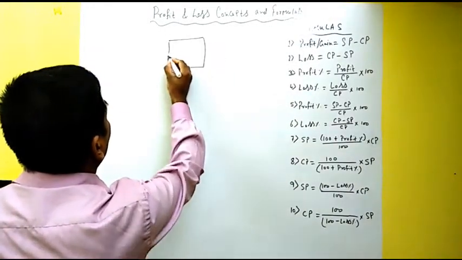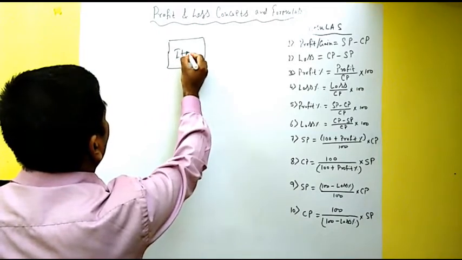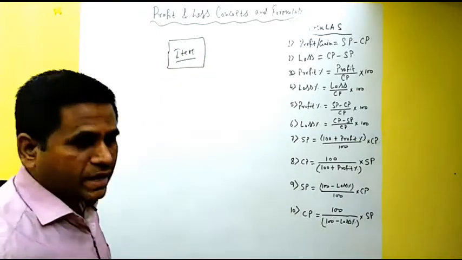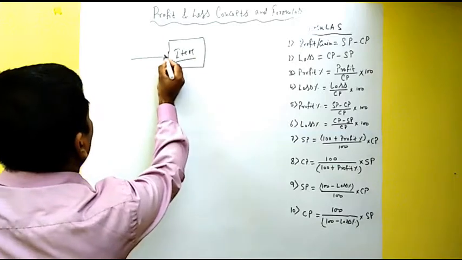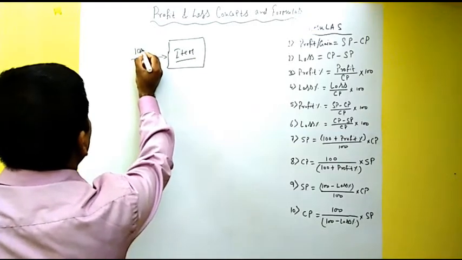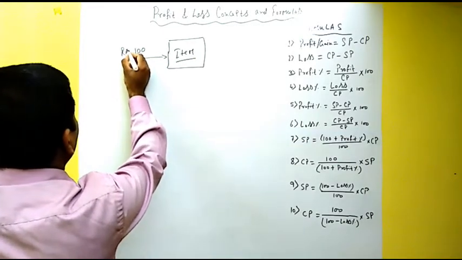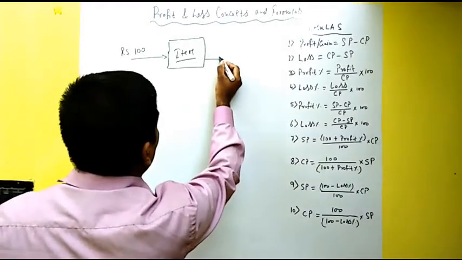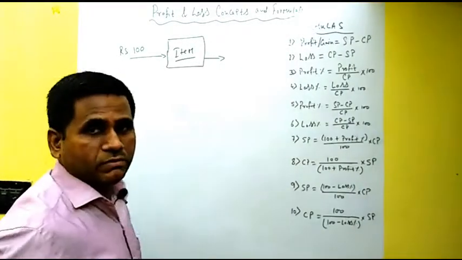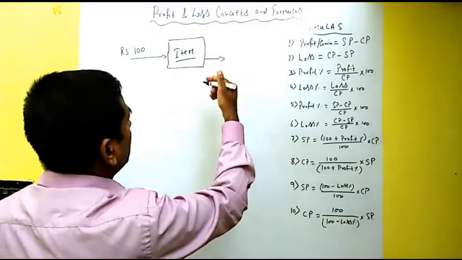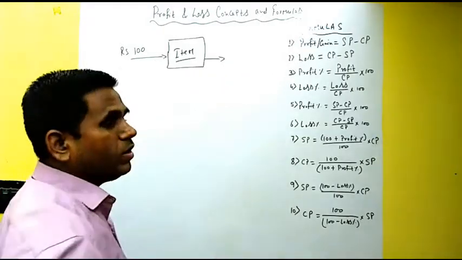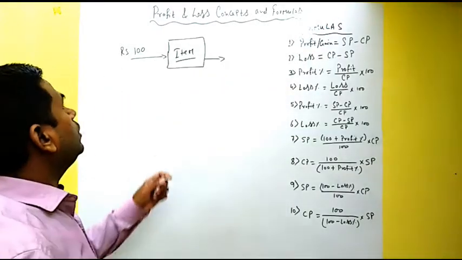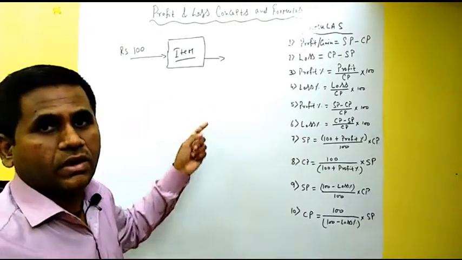Suppose you have purchased an item for 100 rupees. Here I am using "if" because there are two conditions. Either you can sell it for more than 100 or you can sell it for less than 100.